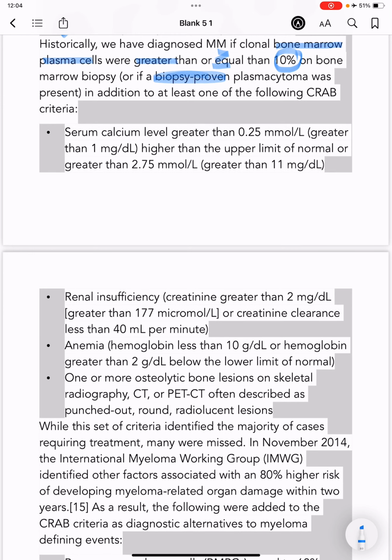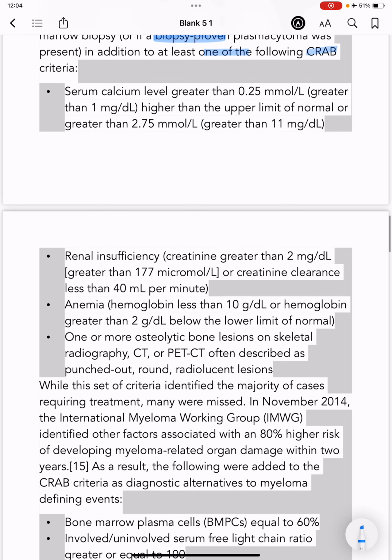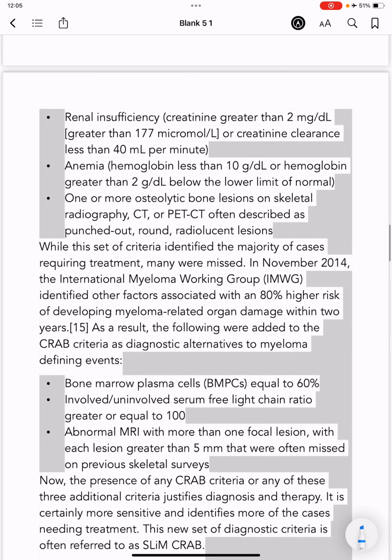Along with that, we should also have one of the following CRAB criteria. Here we should have a calcium level: serum calcium greater than 1 mg per deciliter higher than the upper limit of normal, or serum calcium greater than 11 milligrams per deciliter.